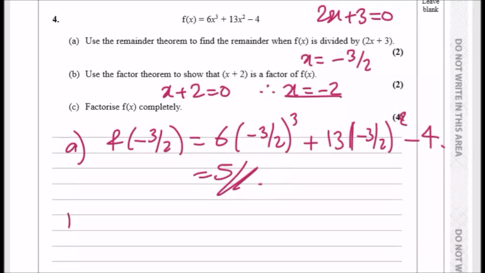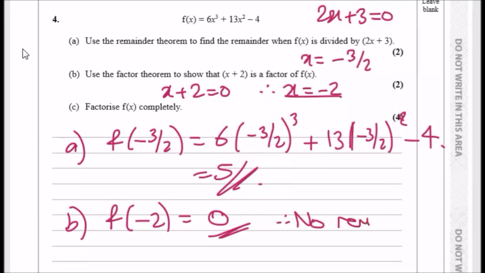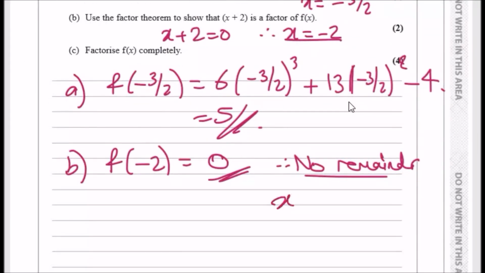So B is just like A. Plug in the value of minus 2 into this equation, same style, and to prove that it's a factor, your final solution in your calculator should be 0. No remainder implies that this term can be used to factorize this expression. So x plus 2 is a factor.